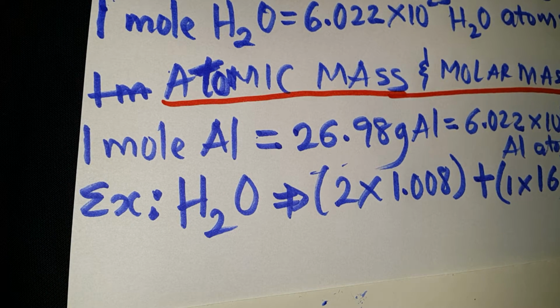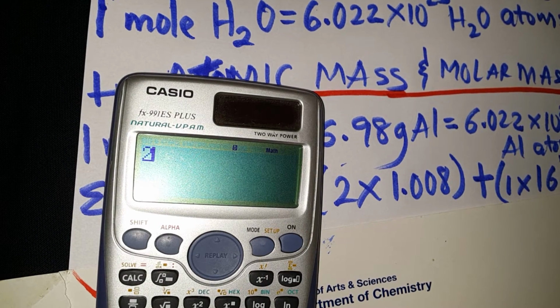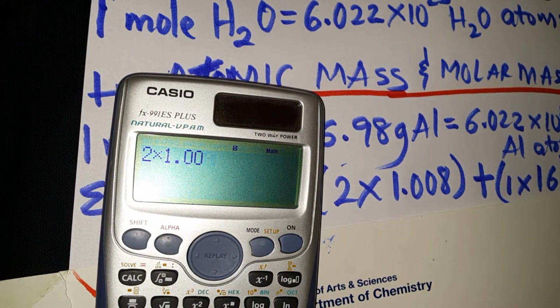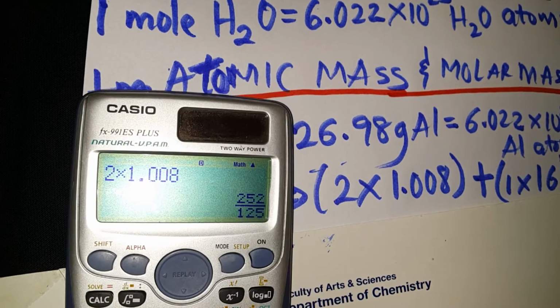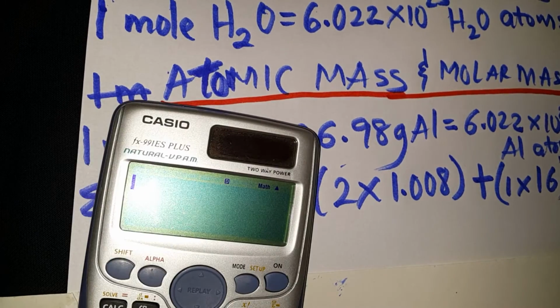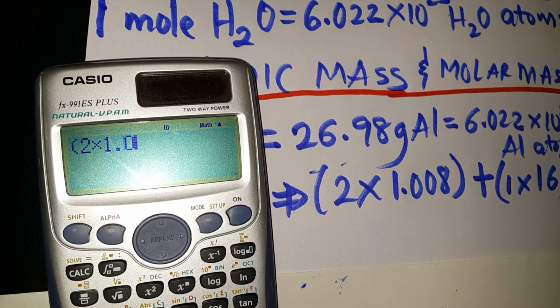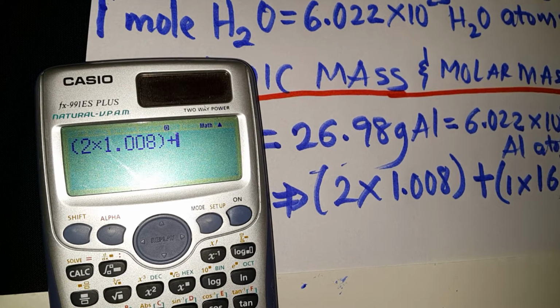So here we have to calculate this. We have 2 multiplied by 1.008 plus 1 multiplied by 16, which is 18.016 gram per mole.